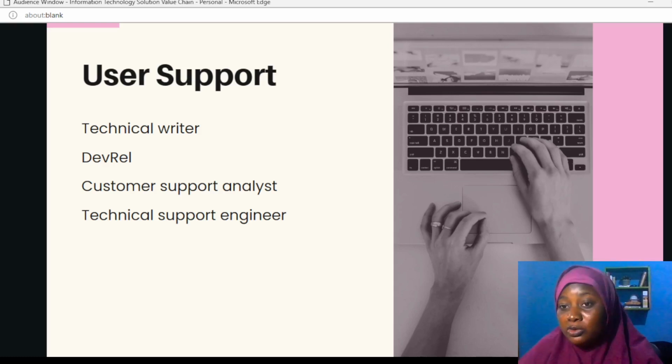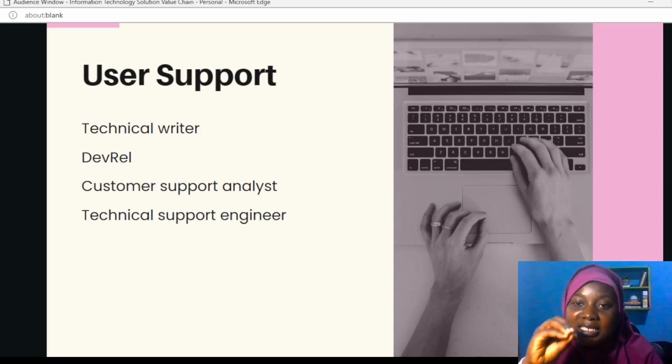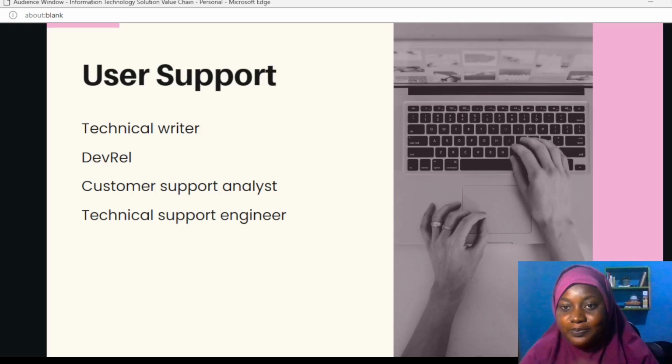Whatever applications or products you're using, even if it's an organization that is just using software, a university has a portal for its students to use. If these students have issues, the organization needs to have a team for people that have issues with its software to communicate or complain to. So these are the customer support persons.